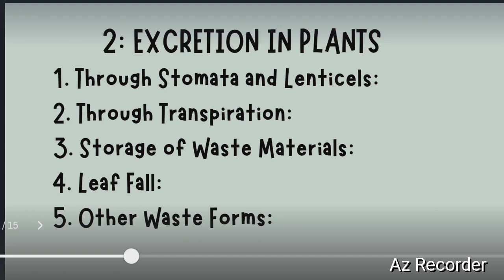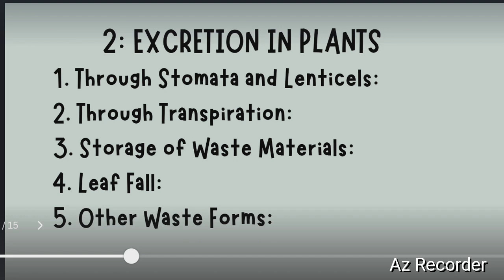For example, plant gums and resins are mainly stored in the old xylem, and latex in the rubber plant is also a form of waste. Then leaf fall: when old leaves fall, the stored waste products are removed from the plant. That also acts as one of the excretion systems in plants.